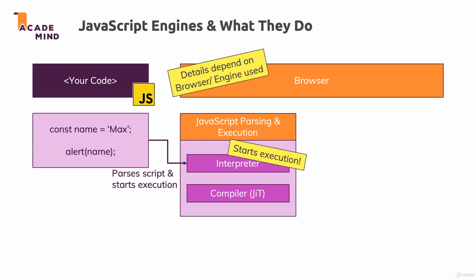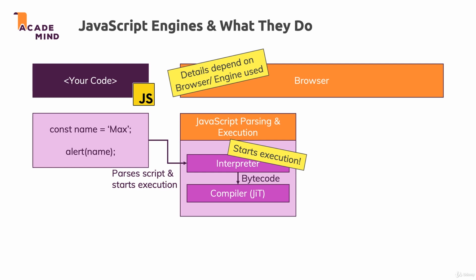So the interpreter does not just start executing your script, it also hands off the bytecode to the compiler. So this loaded script in the end, it hands this off to the compiler. Now the compiler is also built into the browser, so it's part of the JavaScript engine the browser ships with. In case of the V8 engine, which works in Google's Chrome browser, the name of the compiler is Turbofan, but that's just a side note.